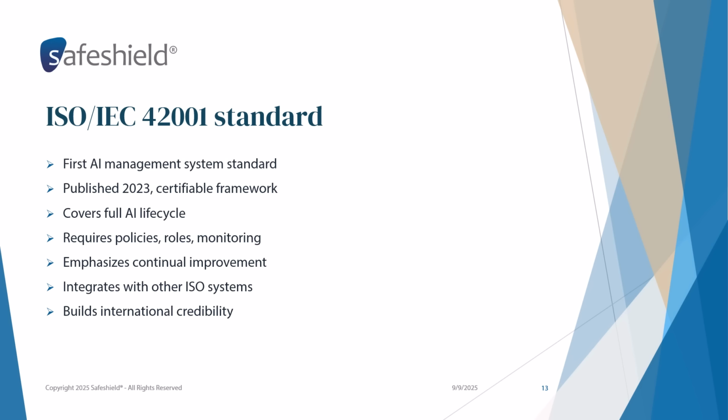For multinational organizations, ISO 42001 provides a globally recognized baseline that supports compliance with diverse regulatory environments. Adoption of this standard signals a commitment to trustworthy AI and provides practical tools to operationalize principles like accountability and fairness. By embedding ISO 42001 into governance, organizations can move toward a structured, auditable, and internationally aligned system that fosters both innovation and trust. This is what makes ISO 42001 a cornerstone of modern AI governance efforts worldwide.